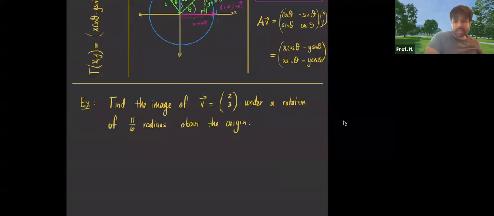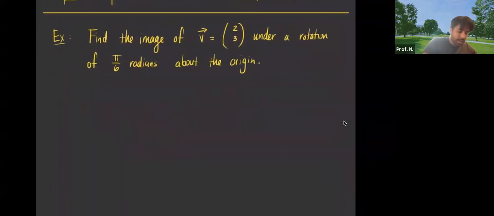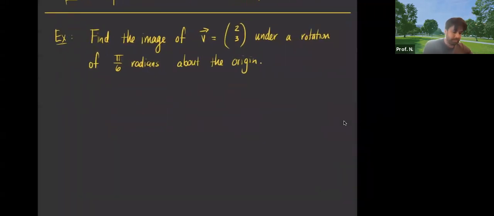So how would I approach this? I have a vector (2, 3). I want to know what it looks like. What would be the vector if I were to rotate that vector (2, 3) by pi/6 radians about the origin, of course, in a counterclockwise direction?